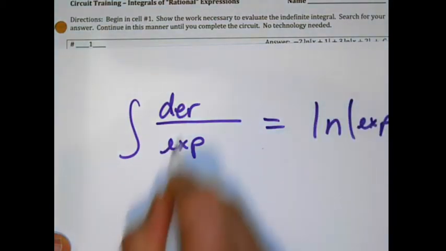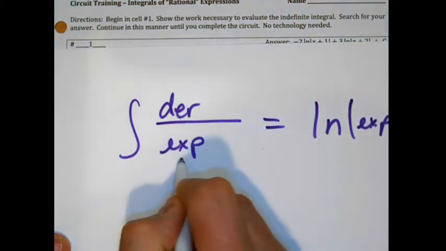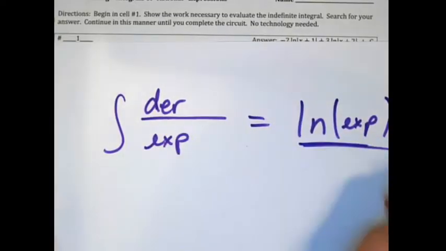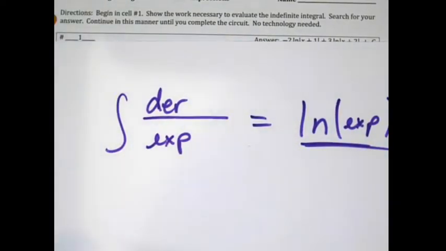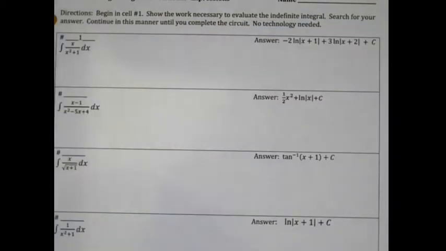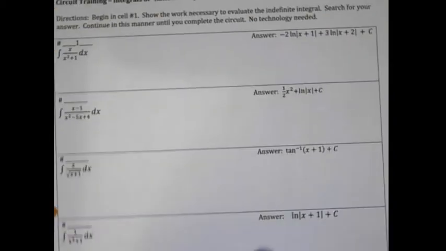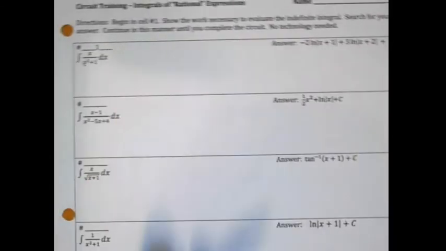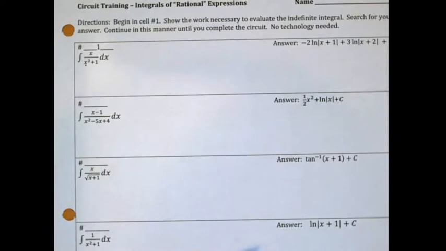So if the numerator is a derivative of the denominator, then it's going to turn into a natural log type question. If it doesn't, you might have to do a little bit of other calculations, but we'll cover those in just a little bit. So is x a derivative of x squared, basically? And the answer is yeah, it is.